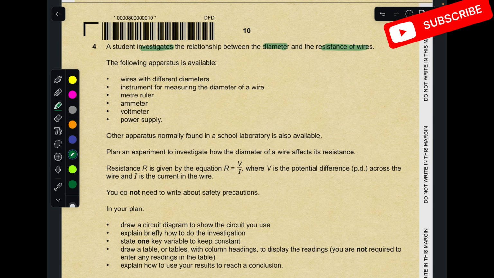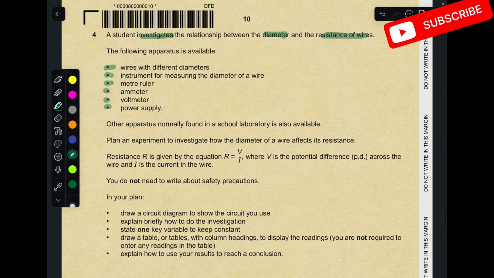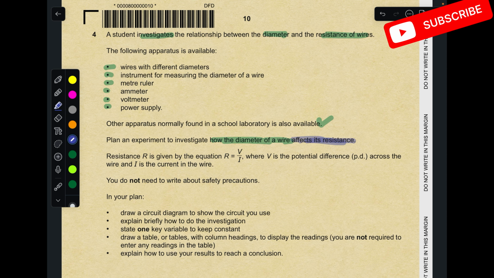And this is the apparatus that you have. Other apparatus normally found in the laboratory is also available. Plan an experiment to investigate how changing the diameter of the wire affects the resistance.